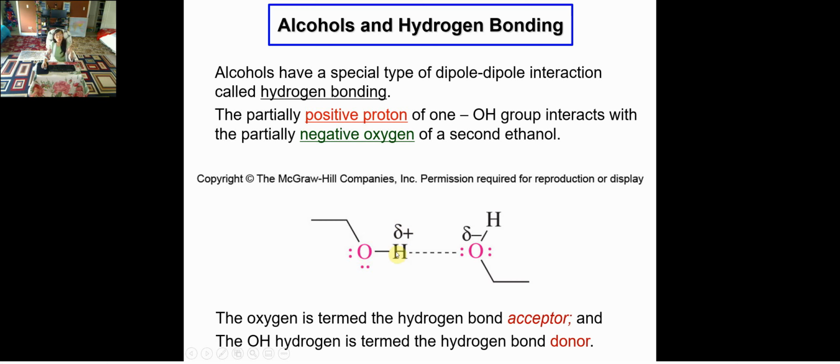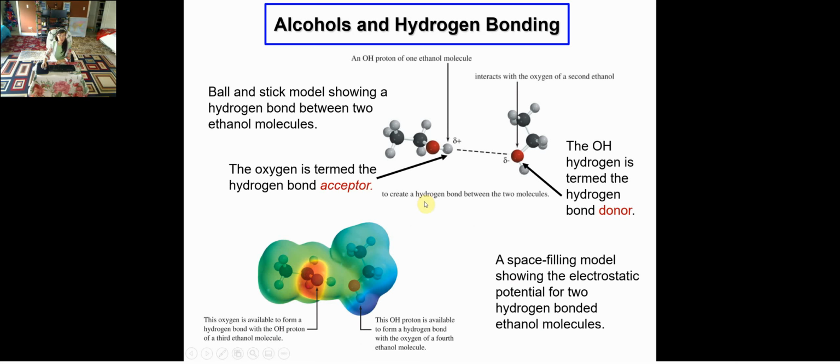This one is a donor, and the oxygen from another molecule is considered the hydrogen bond acceptor. So let's move back to ethanol. In your ethanol molecule, you have an OH, and this hydrogen is the partially positive end. Your oxygen is the partially negative end.